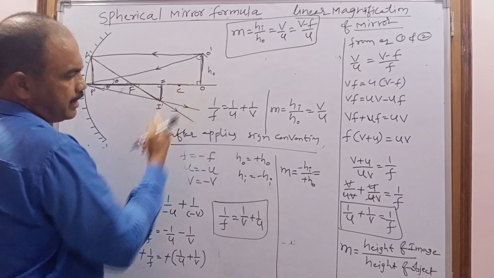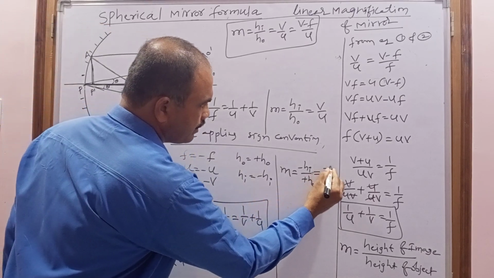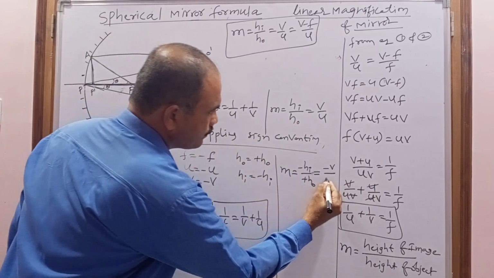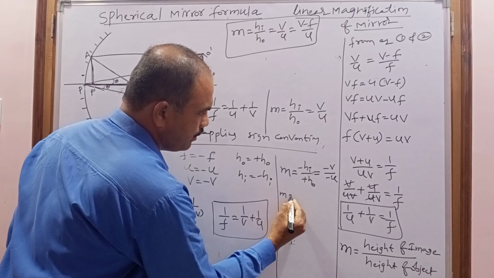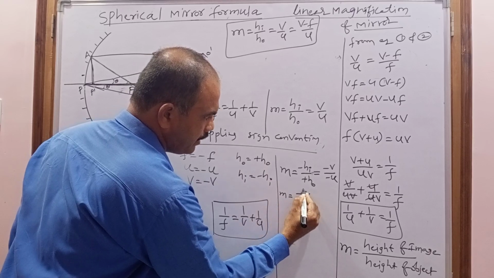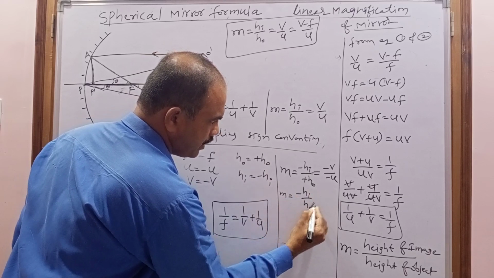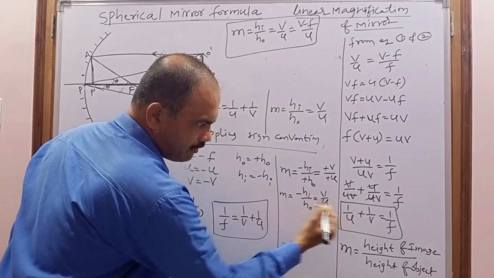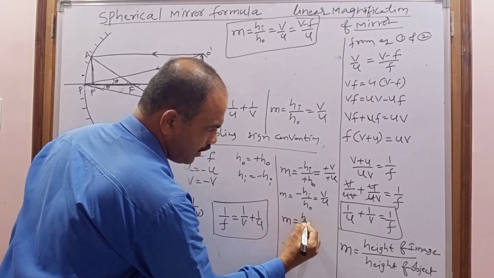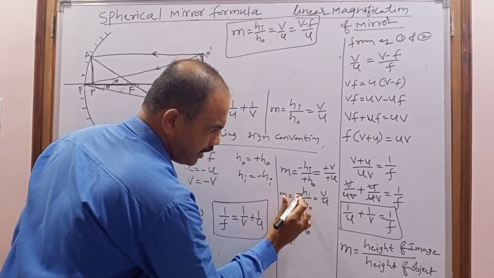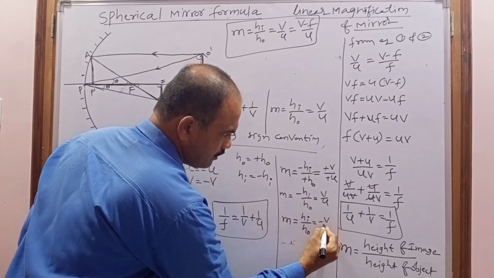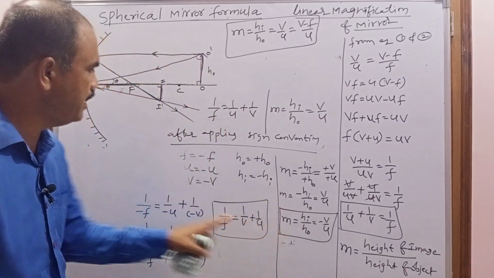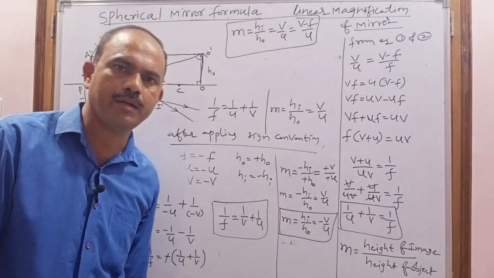Here in this case, when the object is beyond C, v means minus v, and u means minus u. So m equals minus hi by h naught, this minus will be cancelled, equal to v by u. When I rearrange the equation, magnification m equals height of the image by height of the object, and I am writing this minus here, equal to minus v by u. So now this is the formula of magnification in case of concave mirror.